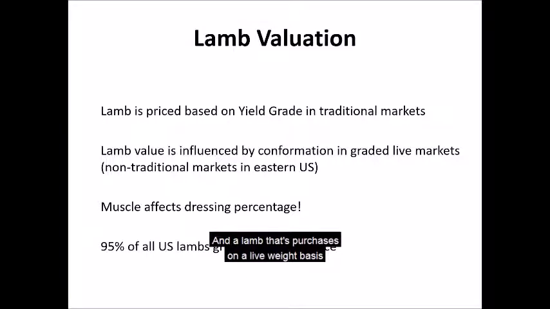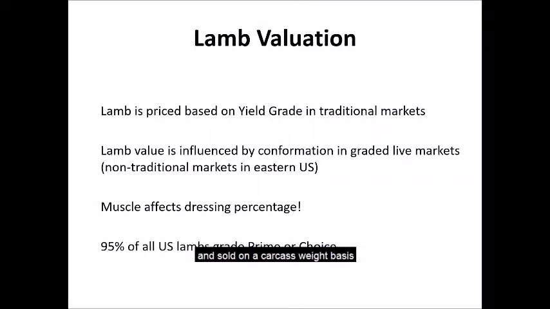And a lamb that's purchased on a live weight basis and sold on a carcass weight basis is going to be more profitable if it has a higher dressing percentage. So do not underestimate the value of muscle just because it's not included in the yield grade equation, because it is important, particularly in this part of the world, in other factors that influence price.